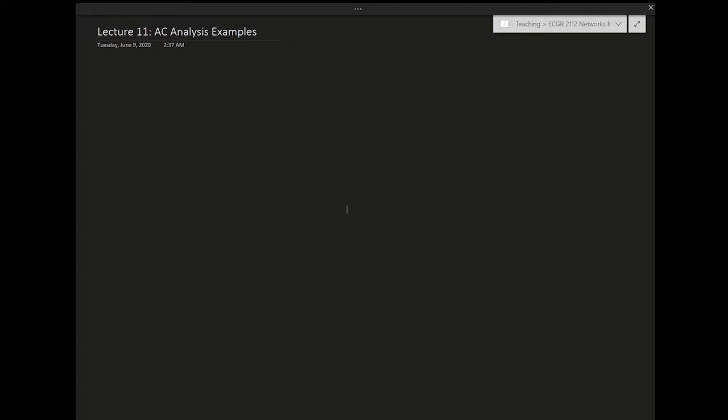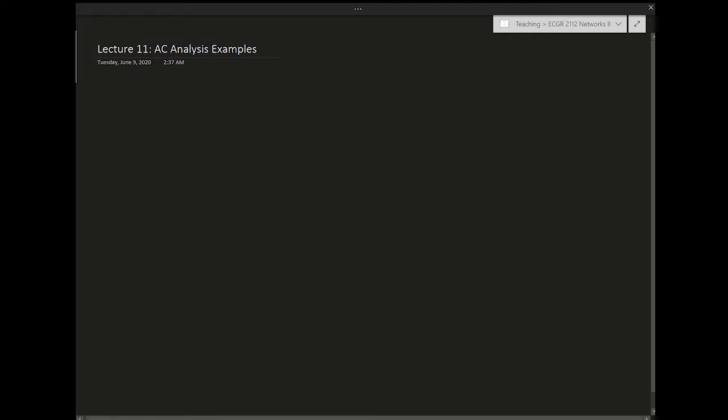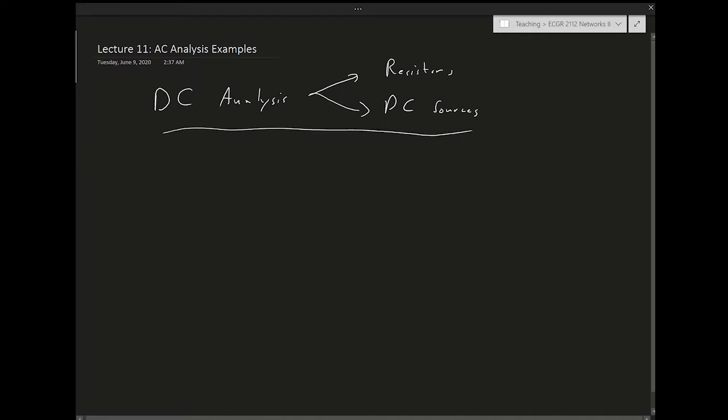impedances and admittances. The things that we learned in DC analysis, which is how to analyze circuits with resistors and then DC sources, right? So we know we have a bunch of techniques that we can utilize for such circuits. We can do the same thing for AC steady state analysis.